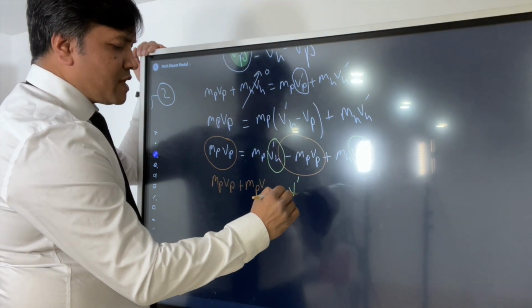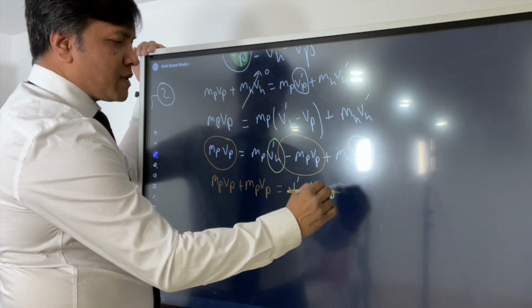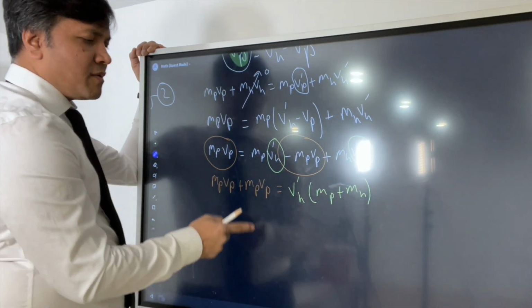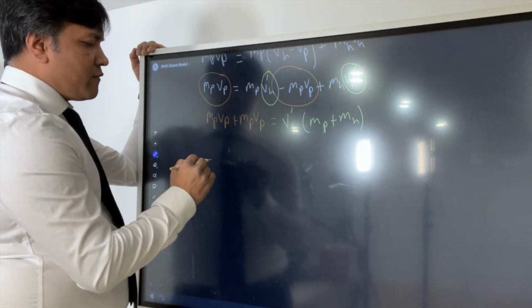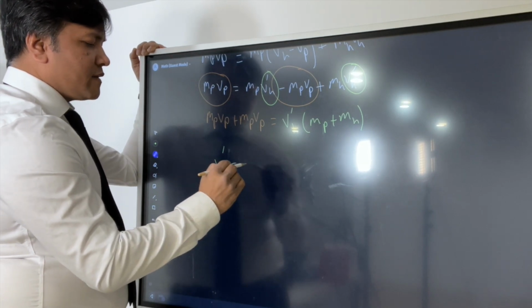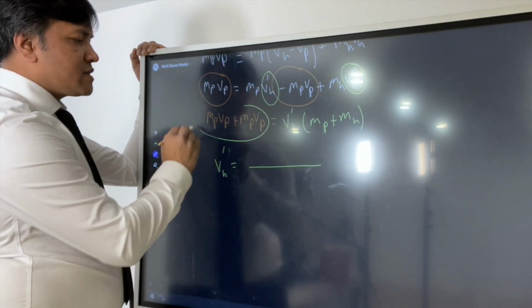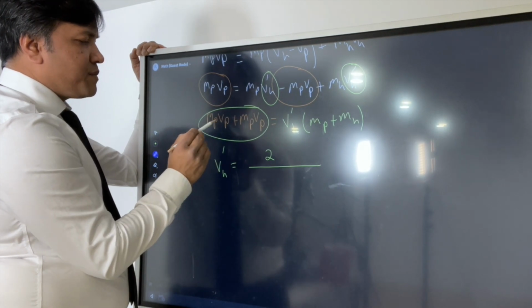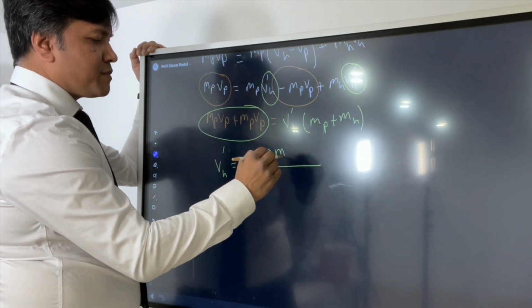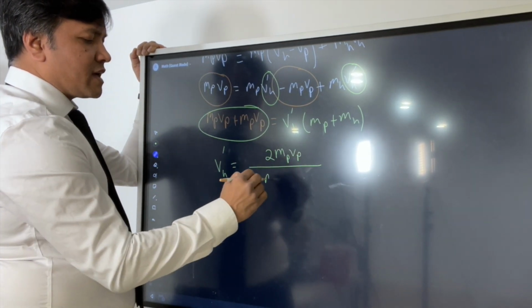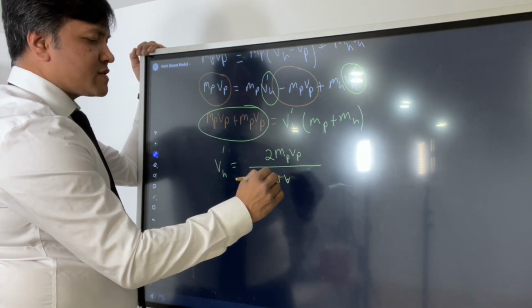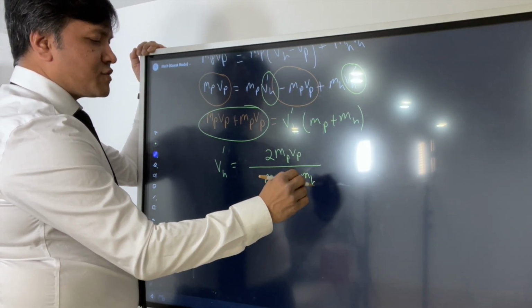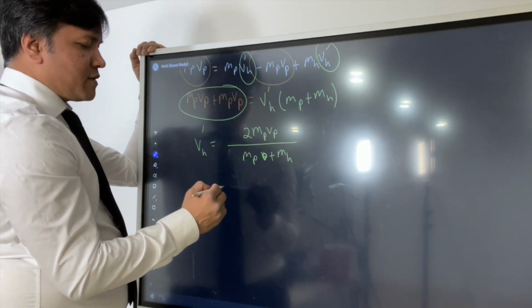So V prime H times MP plus MH. Voila. So now finally you find V prime H, and that is 2 MP VP over MP plus MH. So now what are you going to get?